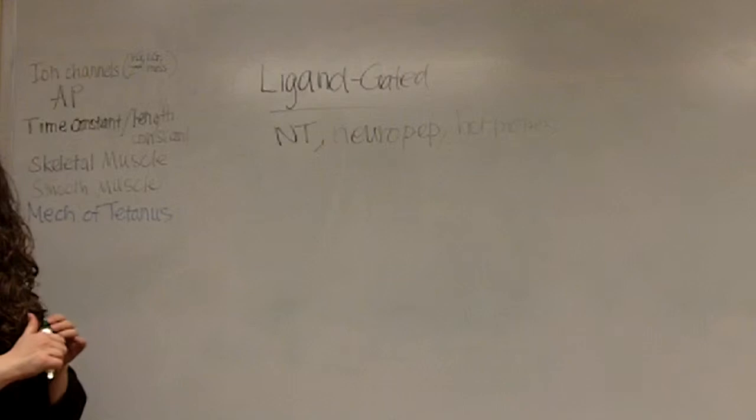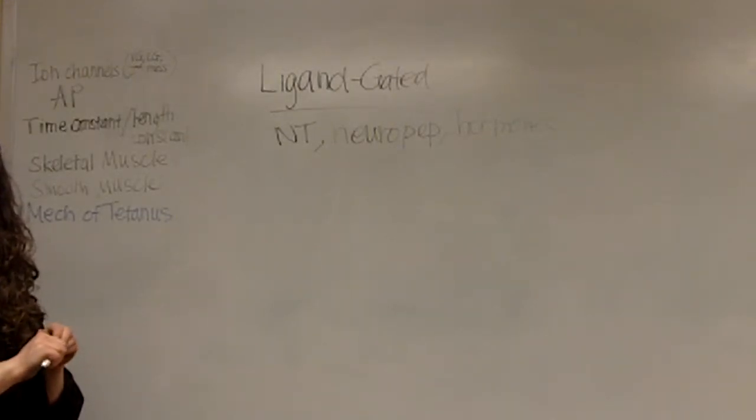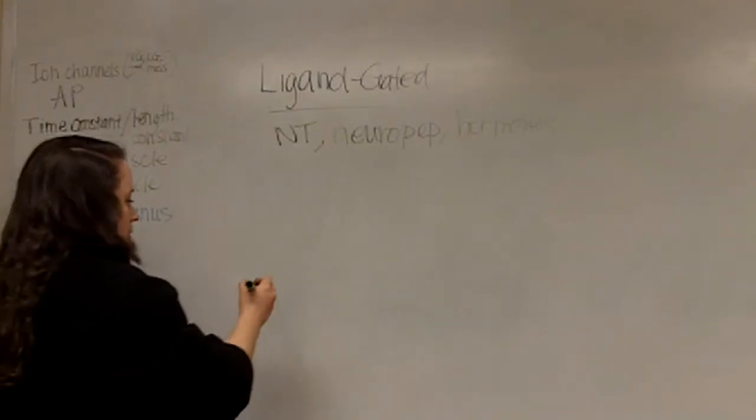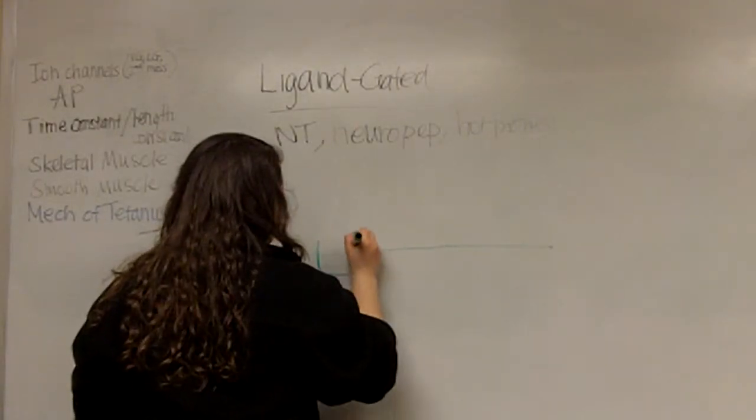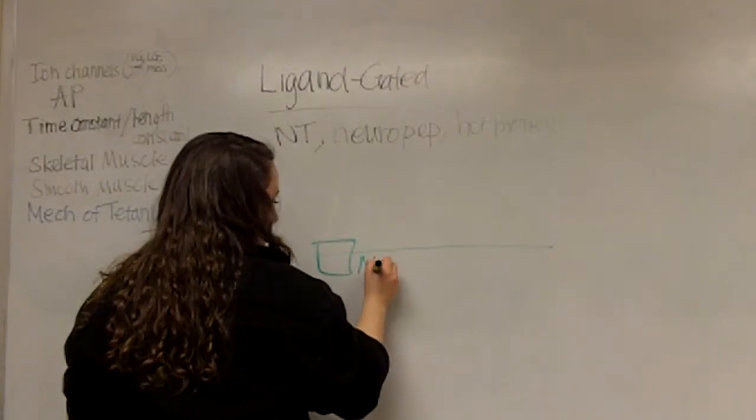So the example of this that I'm going to give you is, remember on the motor end plate, what kind of receptors are there that take the acetylcholine? Do you remember? So nicotinic.